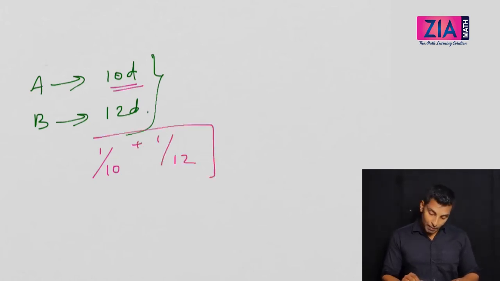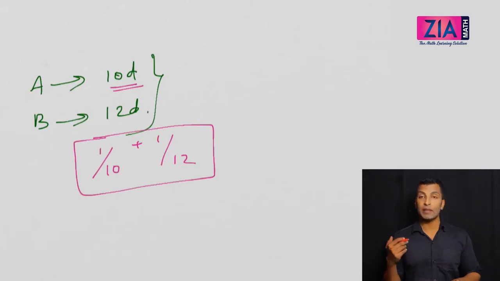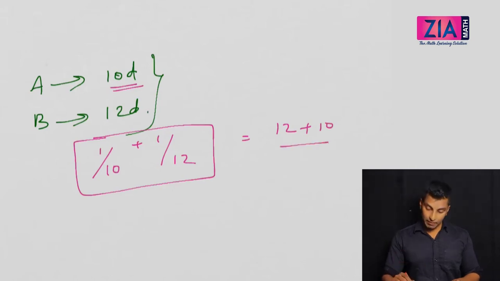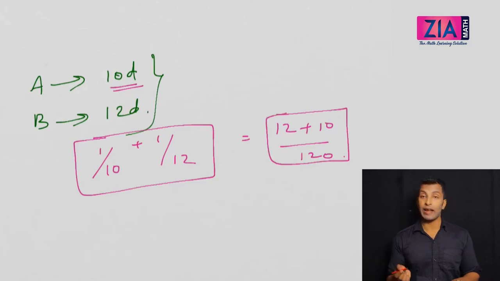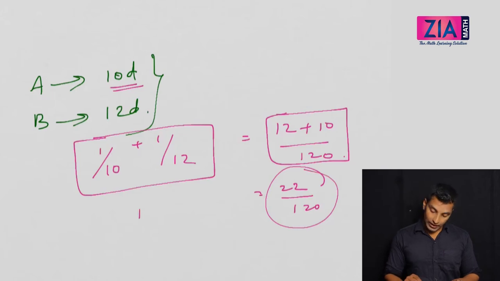So together they will complete 1 by 10 plus 1 by 12. As we have seen, that is 12 plus 10 divided by the LCM, that is 120. So this is what they can do in one day, that means 22 by 120. To see how many days they will take to complete the work, take the reciprocal of it, that is 120 by 22.